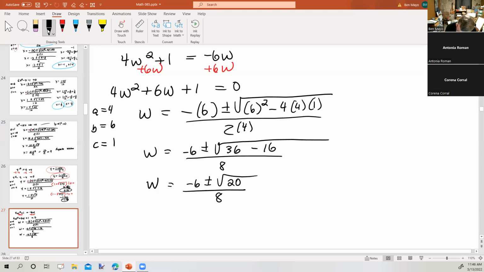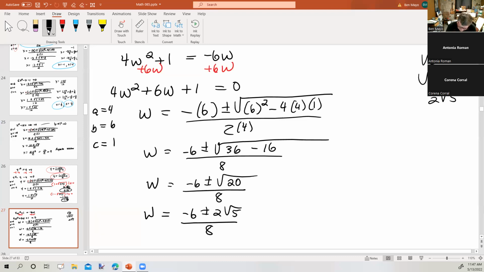Now, I can take the square root of 20 and write it as 2 square roots of 5. So this becomes W equals negative 6 plus or minus 2 square roots of 5 all over 8. However, look at this fraction.